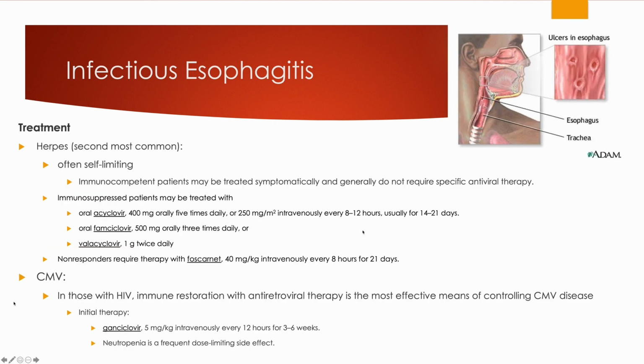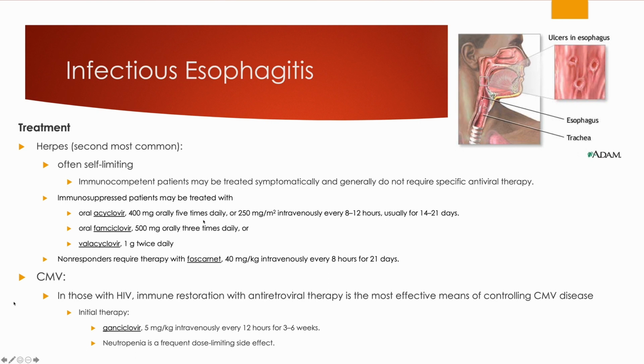Okay? Talking about herpes. Usually herpes is self-limited. It is a virus, so the treatment doesn't cure it, but it helps reduce the length and severity of symptoms. Patients that are immunocompetent don't always require specific antiviral therapy. But if we make the diagnosis and we want to treat, usually acyclovir is our first line.